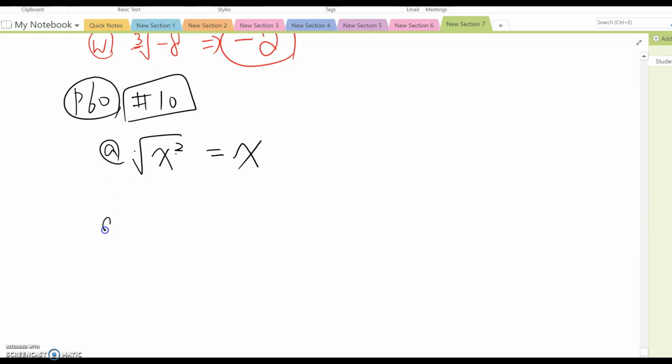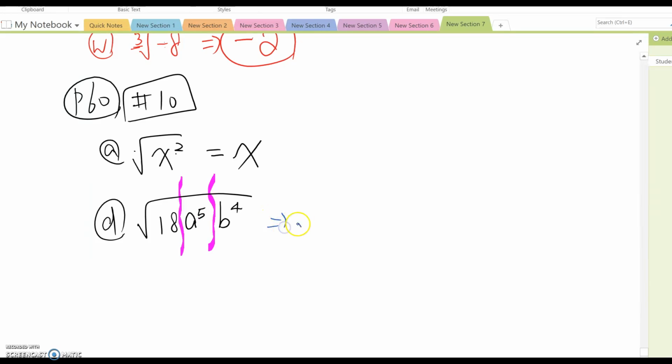What about d? D is the square root of 18 a to the fifth b to the fourth. Okay, so in this case I want to just divide the numbers a and b here. Then this is going to be root 18 times root a to the fifth times root b to the fourth here.